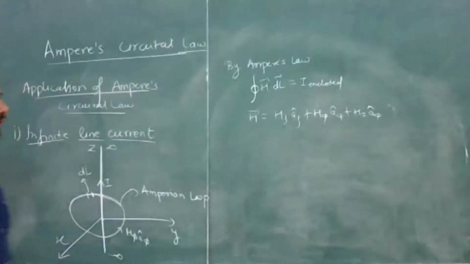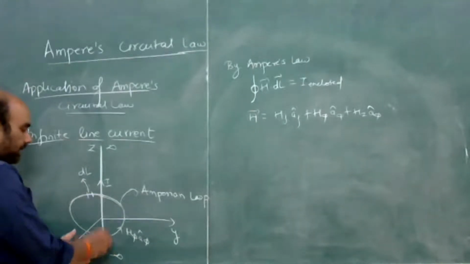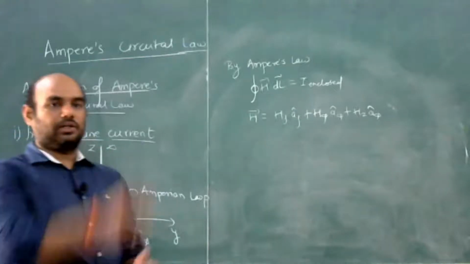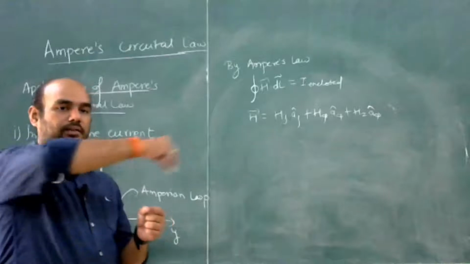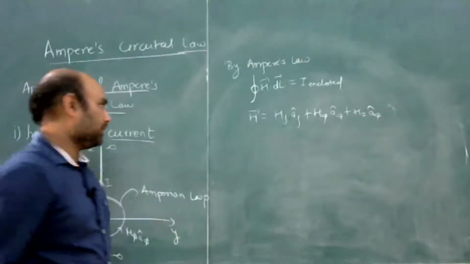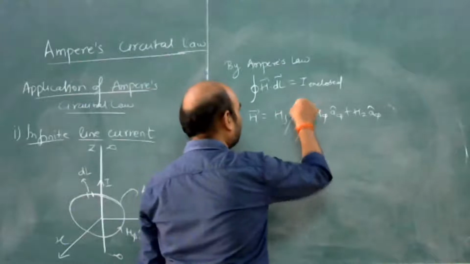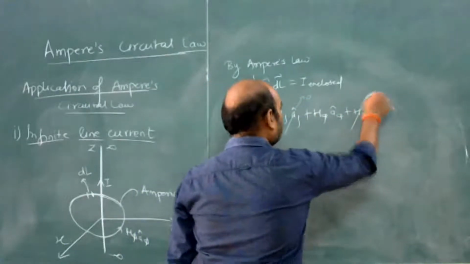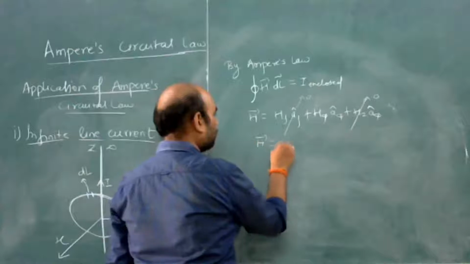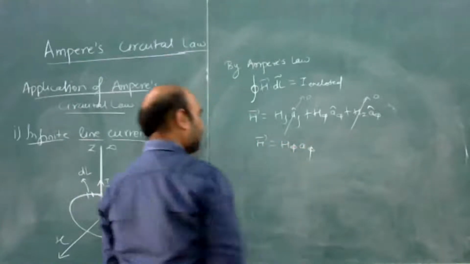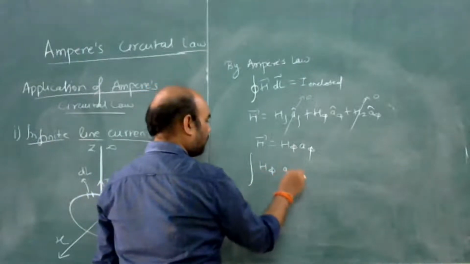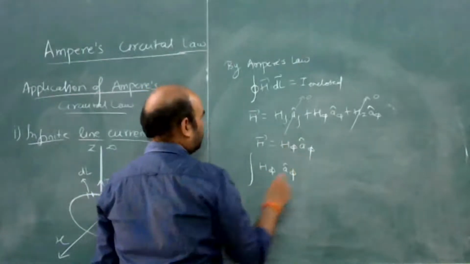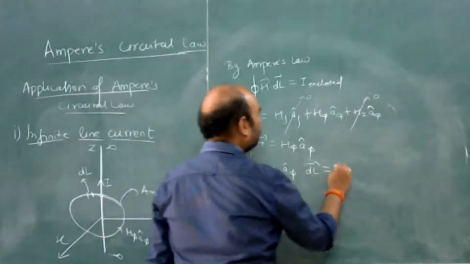Now we know that if current is flowing in the z direction, we always get the magnetic field in the a phi direction. So these two components will be equal to 0. So the vector H will be equal to H phi a phi. Substitute here: H phi a phi dot dl is equal to.